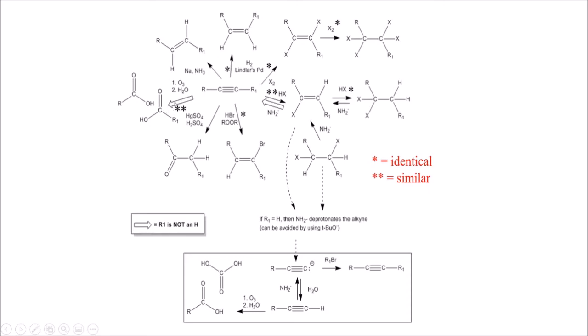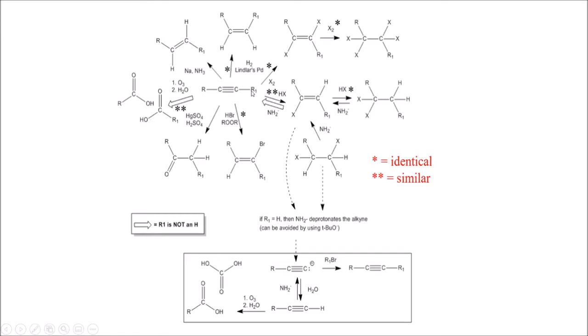This white arrow right here means that if R1 is not a hydrogen, something weird can happen. And the weirdness is down here in this box. So if R1 right here is a methyl group, then we end up producing these two carboxylic acids.